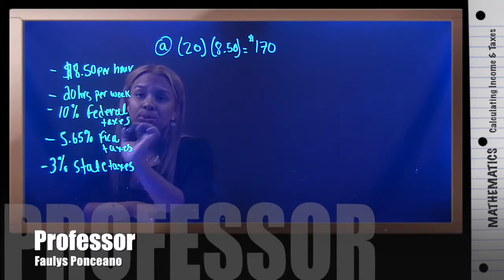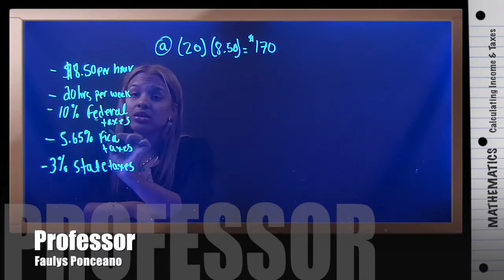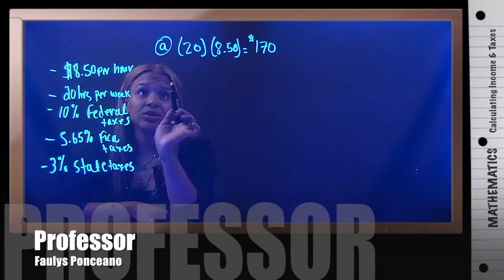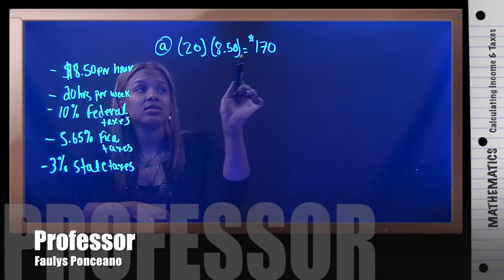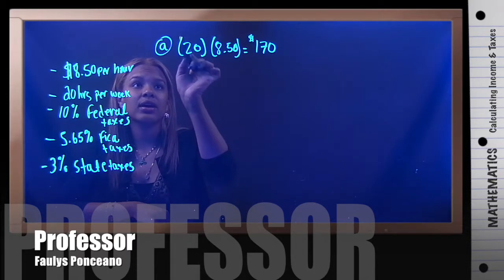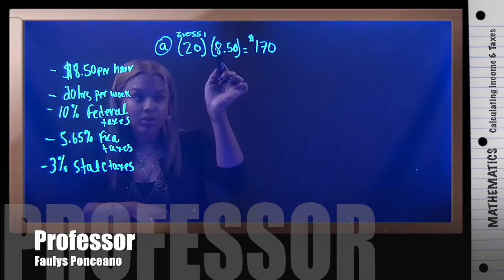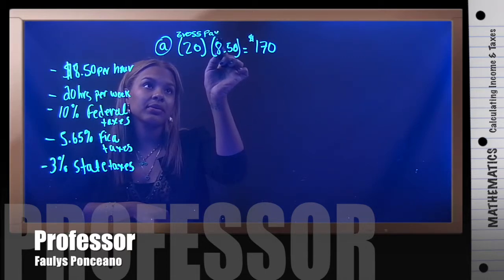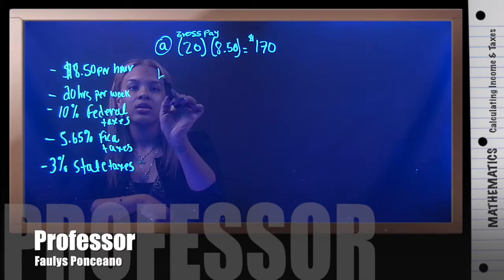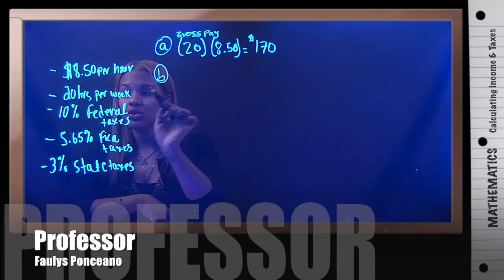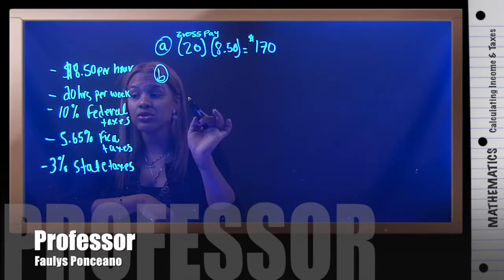So it says your employer withholds 10% of your gross pay for federal taxes. Question A is gross pay. Let's write it right here. Gross income, gross pay, whatever, it's the same thing. Part B. So you want to multiply this. Now you cannot multiply by the 10%.